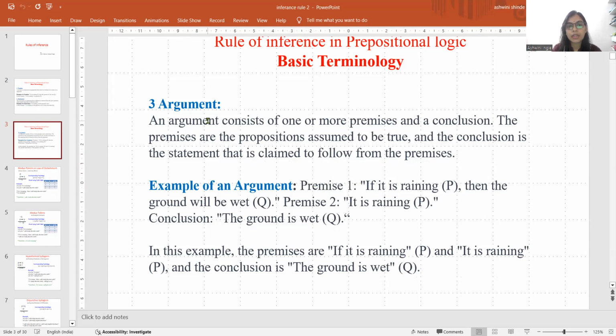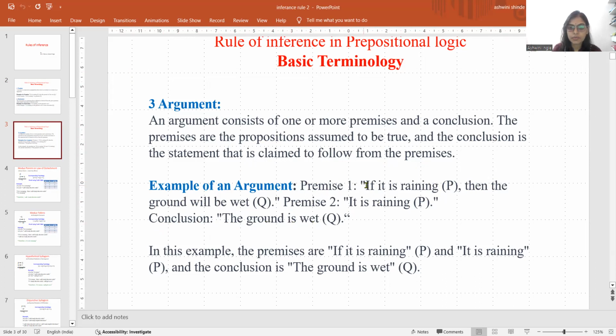An argument has one or more premises, maybe more than one or two premises also. Here, this is your first premise: if it is raining, then the ground will be wet. The second premise is: it is raining. And the conclusion: the ground is wet.